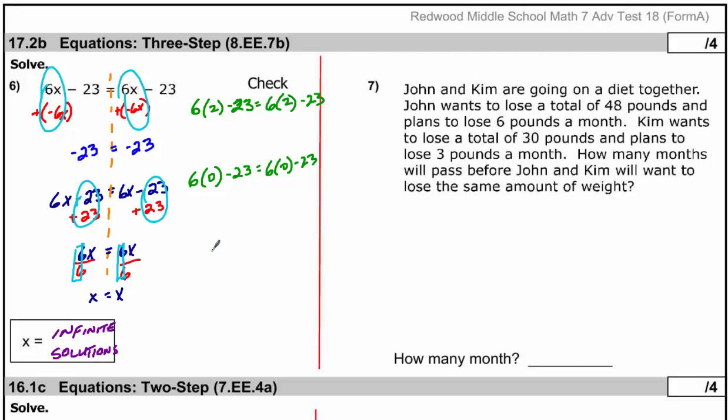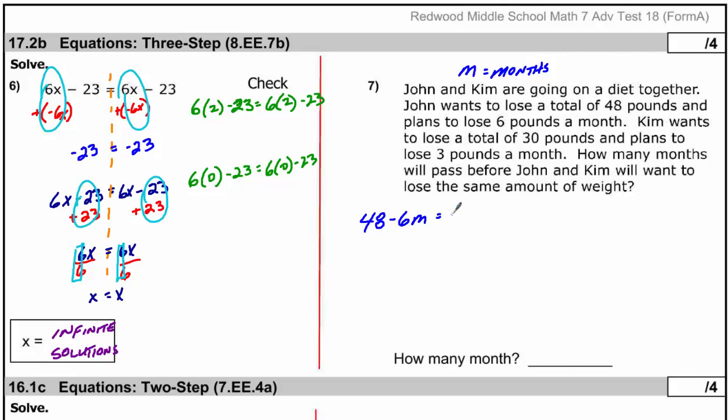So 7 was another interesting choice. So John and Kim are on a diet. John wants to lose 48 pounds at a rate of 6 pounds per month. So M is the number of months.